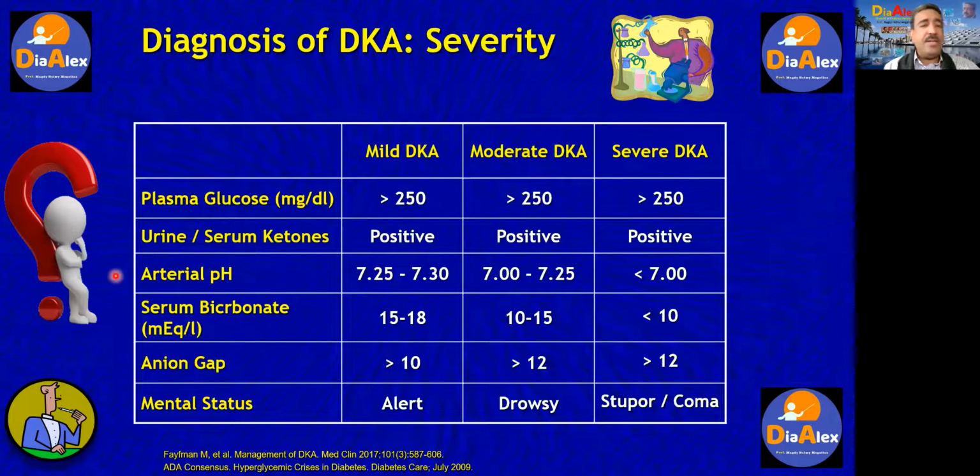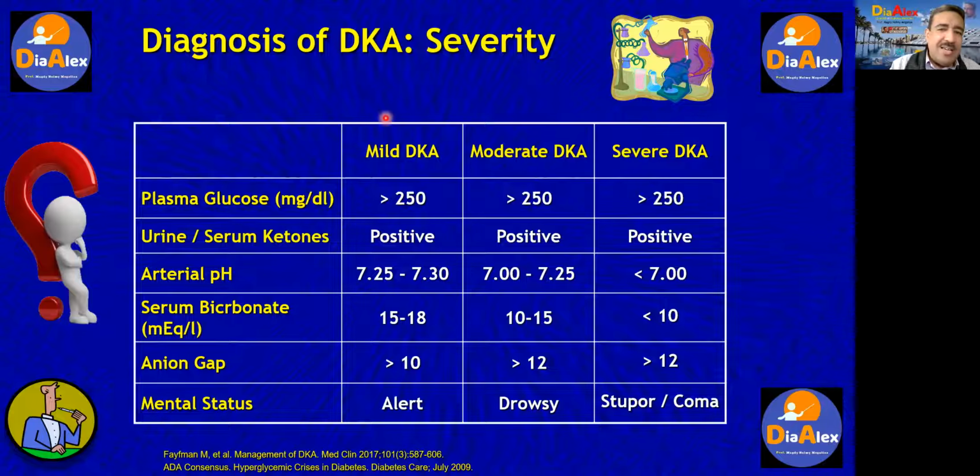After diagnosing DKA, we need to decide about the severity of DKA. Is the patient we are having just mild DKA, or moderate DKA, or severe DKA? The importance of this classification is that it should decide where you would manage the patient.